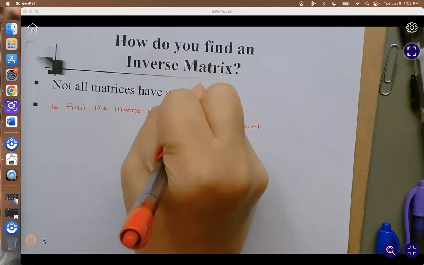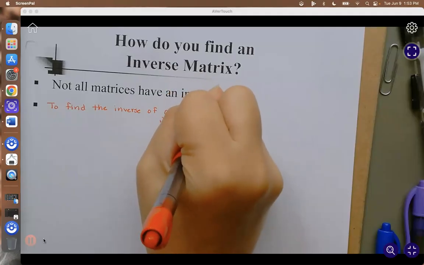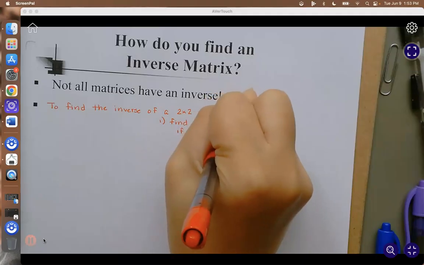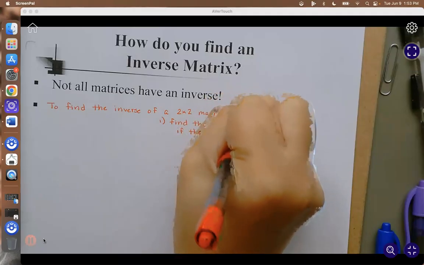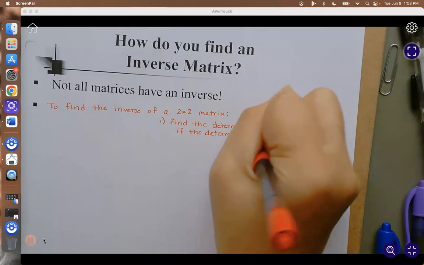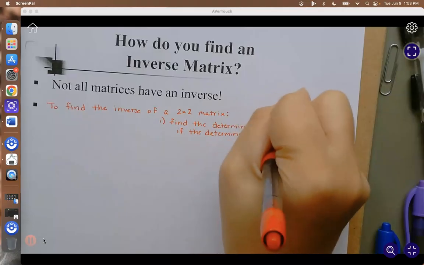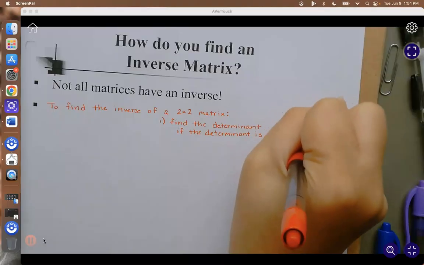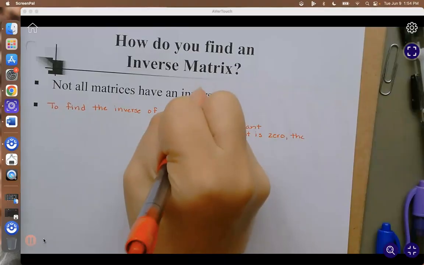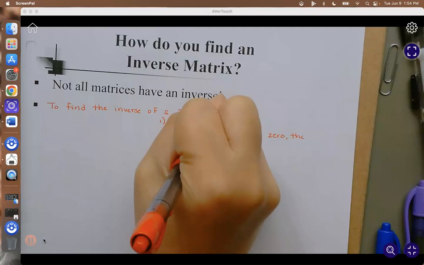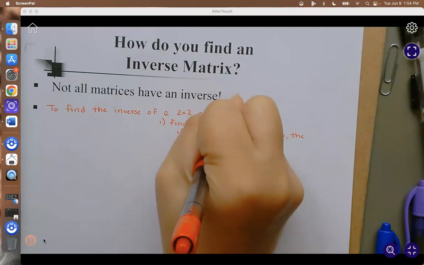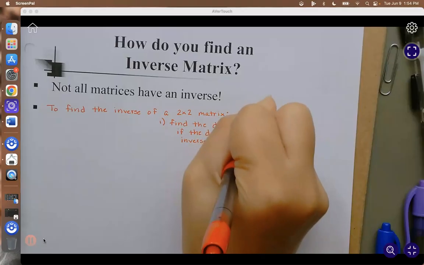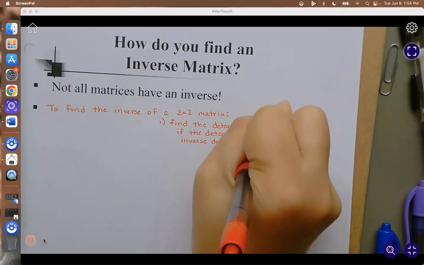If the determinant is 0, the inverse does not exist.